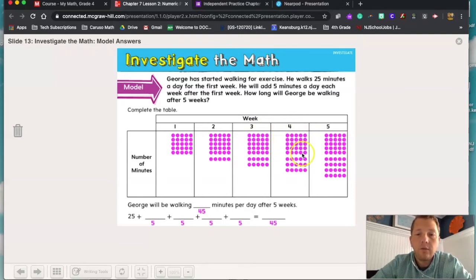Then up to 40. And then the last week, up to 45. So each week grows by 5 until we get to the 5th week. So the pattern would be increasing by 5.